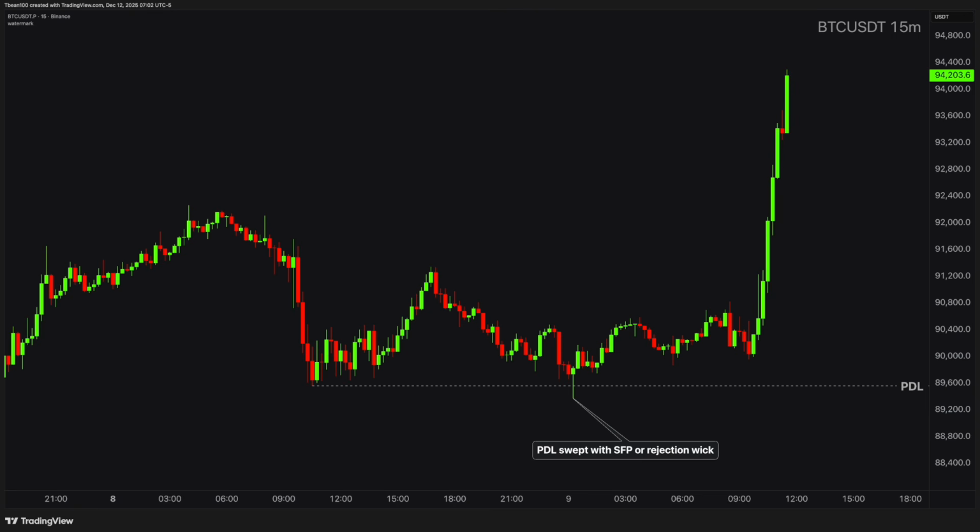You can call this a swing failure pattern or simply a rejection wick, I don't care. The main idea here is that sellers were not able to push the price lower anymore, and buyers stepped in and reacted quickly. And in the next step, the internal structure was broken to the upside by the buyers. This clearly showed that sellers were very weak in the situation and buyers started to take control back.